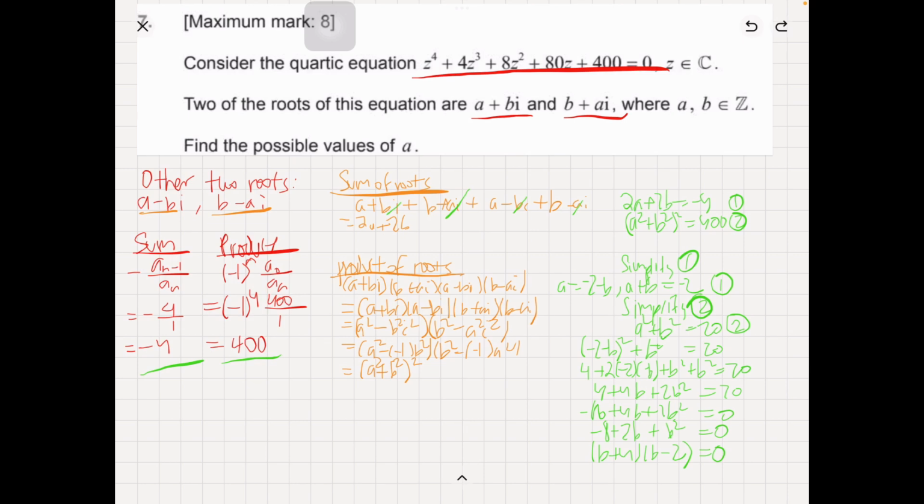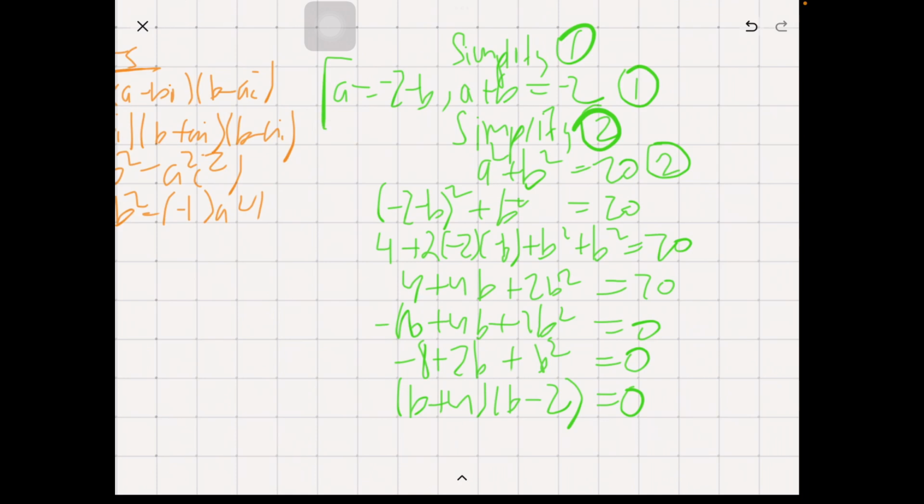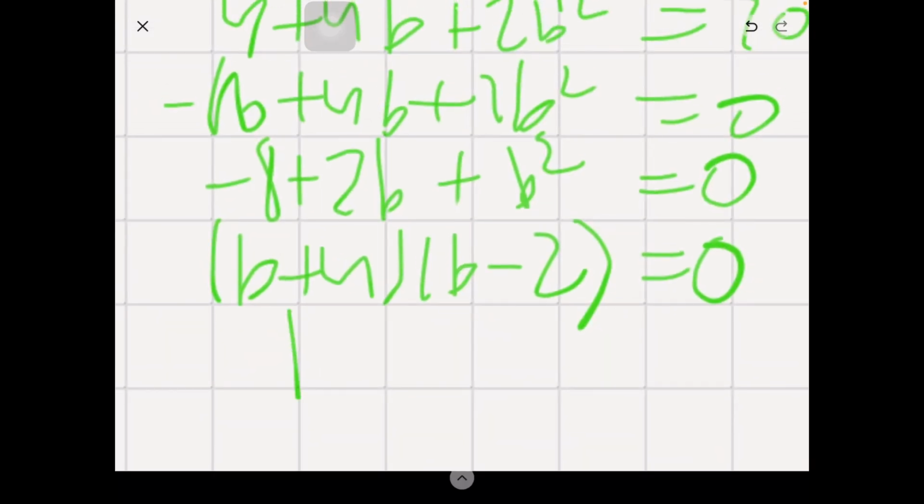But I chose to do b, which makes it a little bit harder. But that's okay, because if you look at it closely, this equation right here, you get the same thing by substituting in for a. So whatever values I get for b, I'm going to get the same values for a anyways. So here b is equal to negative 4 and, not a, 2.